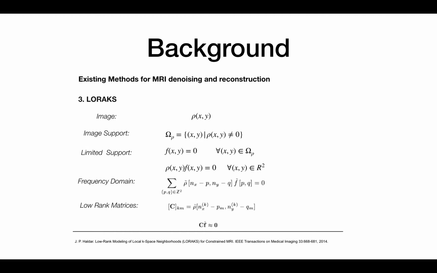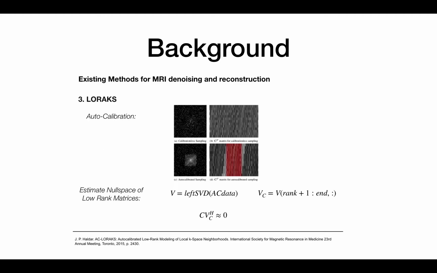We get an equation in the frequency domain where we can construct a low rank matrix C here. Since we can find many f for C such that C times f approximately equals 0, the C matrix is hopefully a low rank matrix.